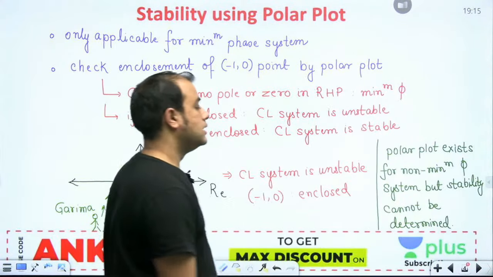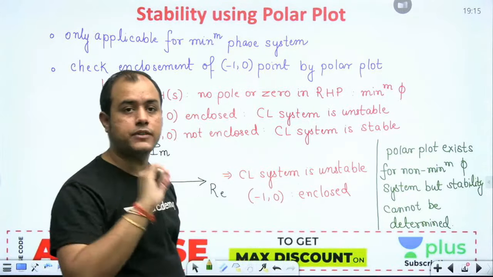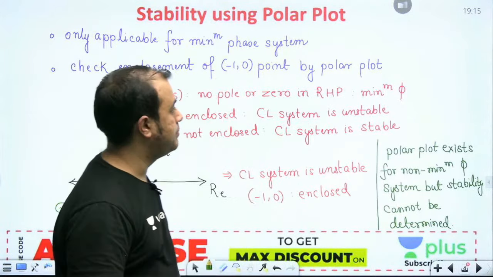Is that clear? Polar plot does exist, but we cannot determine the stability.